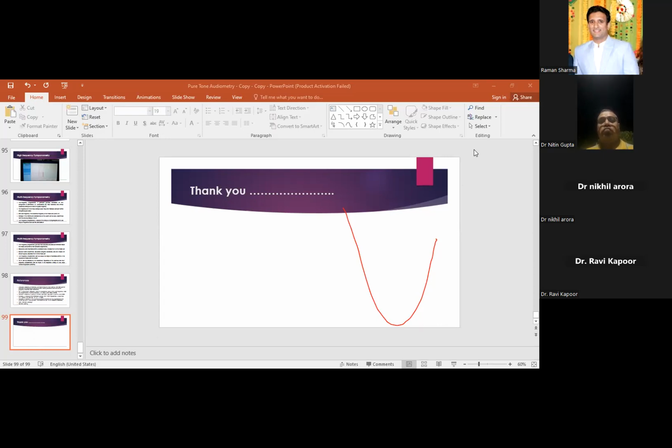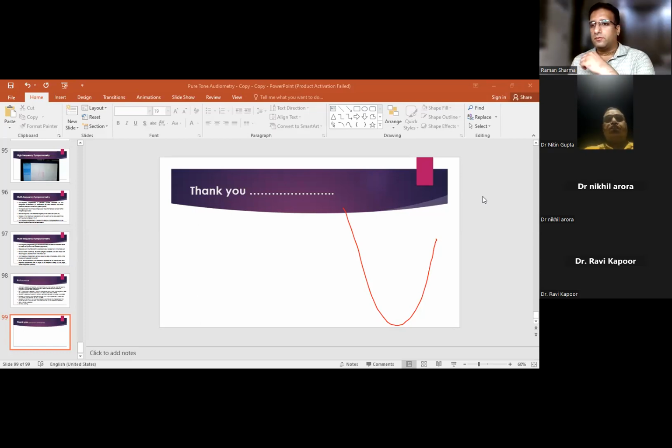Okay. The standard procedure goes wherein we firstly obtain the air conduction thresholds. Suppose it is a unilateral hearing loss, so one side will be normal or having mild hearing loss, and the other side will have a more severe hearing loss as compared to the better ear. It could range from mild, moderate, severe to profound.